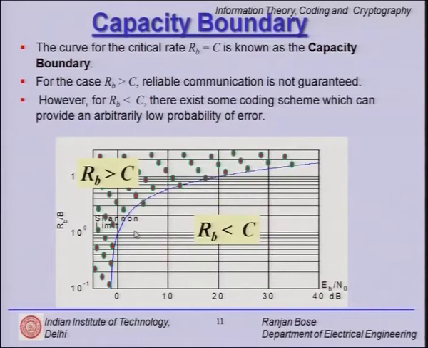So, any point on this diagram is an operating point. It gives me a particular SNR and a normalized data rate, and I can design a system around it. And that system should give me as low a probability of error as I desire.